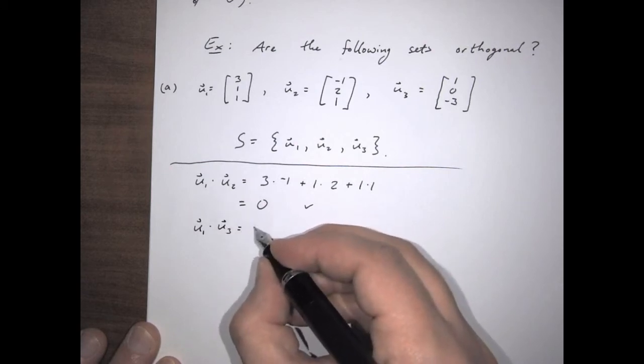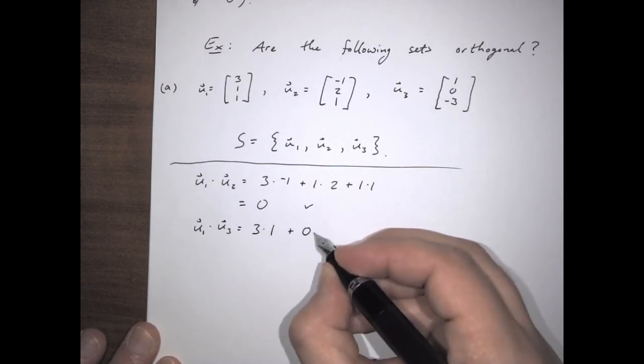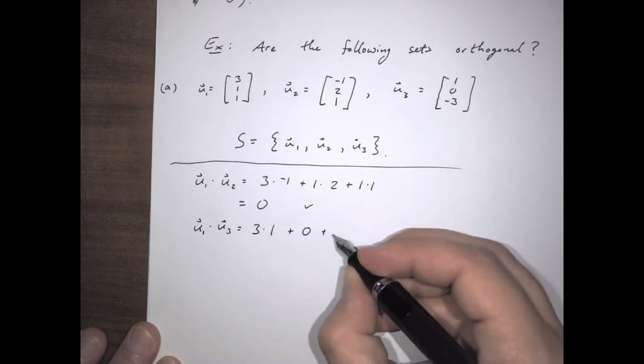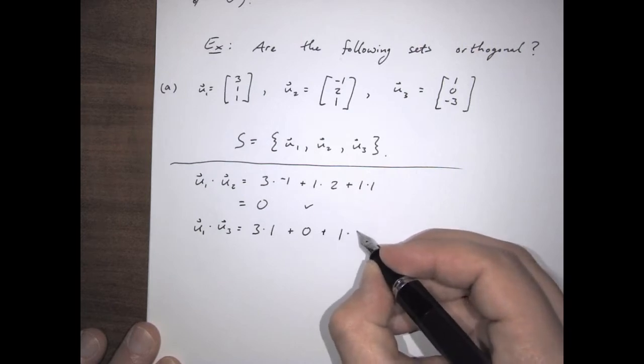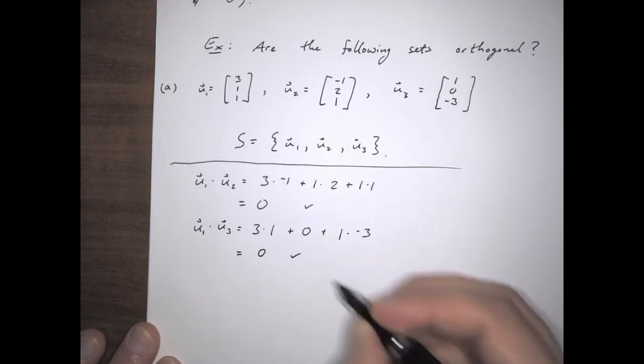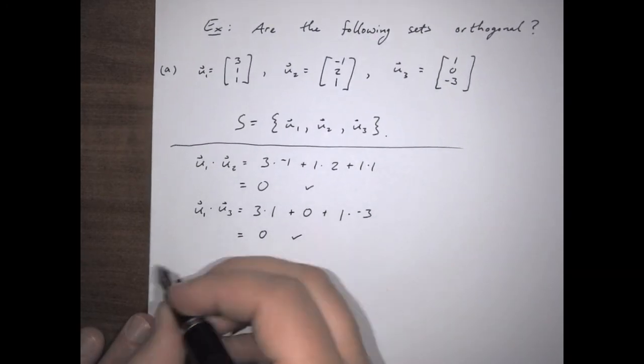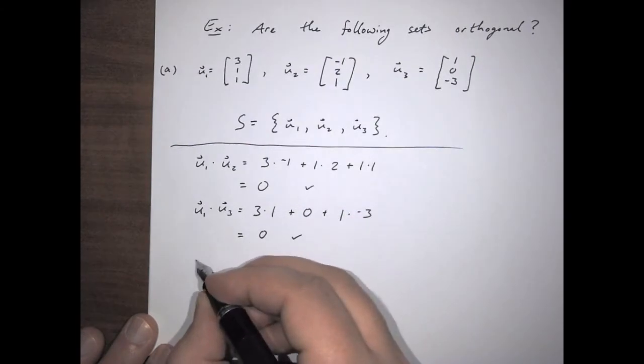It's 3 times 1 plus 1 times 0 plus 1 times -3, which equals 0. Check. So far so good. Two pairs are checked out, and the only pair that's left is U2 dot U3.